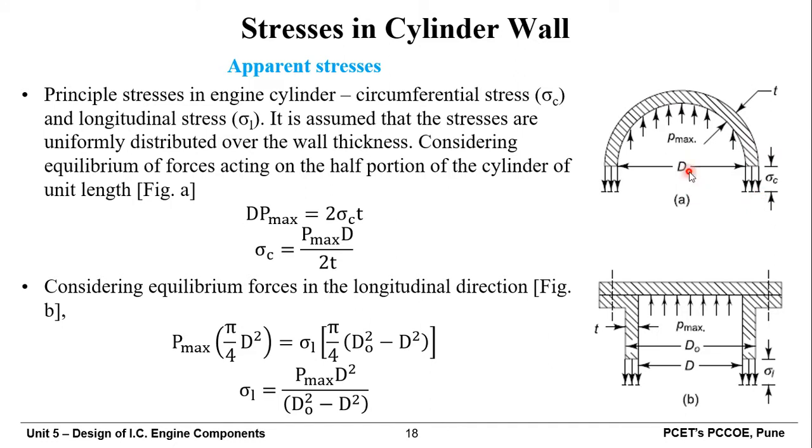The force due to internal pressure is Pmax multiplied by D, which is equal to 2 times sigma c multiplied by the thickness of the wall. If you simplify this equation, you get sigma c equal to Pmax D upon 2t. This is called the apparent circumferential stress.